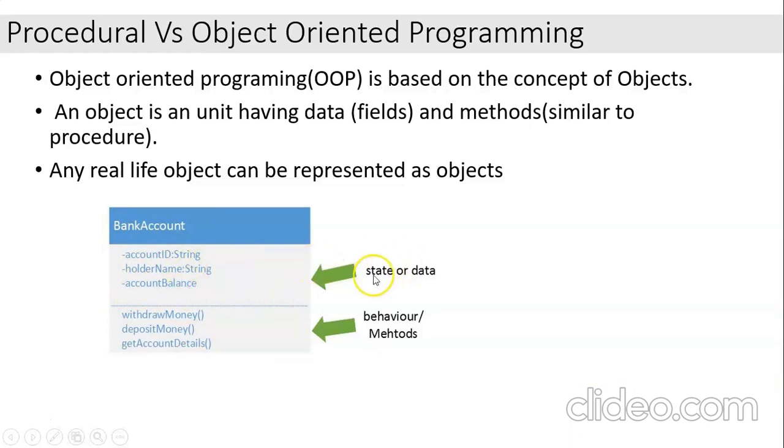These three properties are known as state or data. And the account can perform certain operations, like it can withdraw money, deposit money, or even get the account details like your balance. These functions are known as behavior or methods.